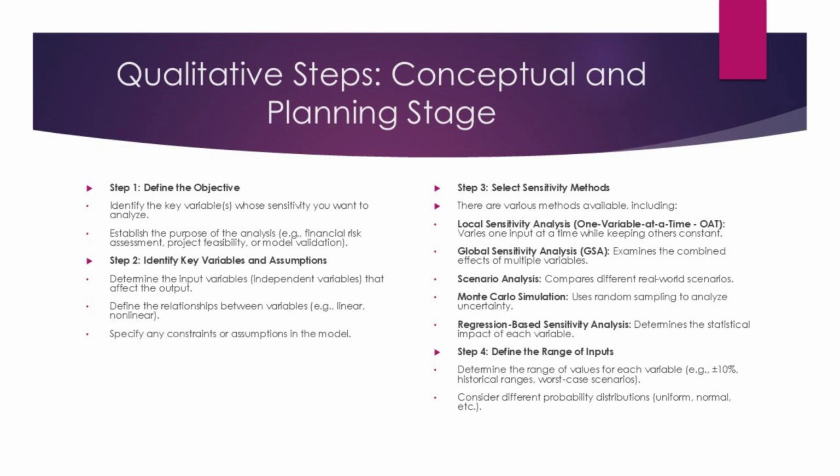Qualitative steps: conceptual and planning stage. The qualitative part of sensitivity analysis relates to the choice of the key variables, assumptions, and the method of analysis before any numbers are crunched. In this step, one understands the link between inputs and outputs. If any of the variables are sensitive or influential to the results, various scenarios must be arranged for testing.